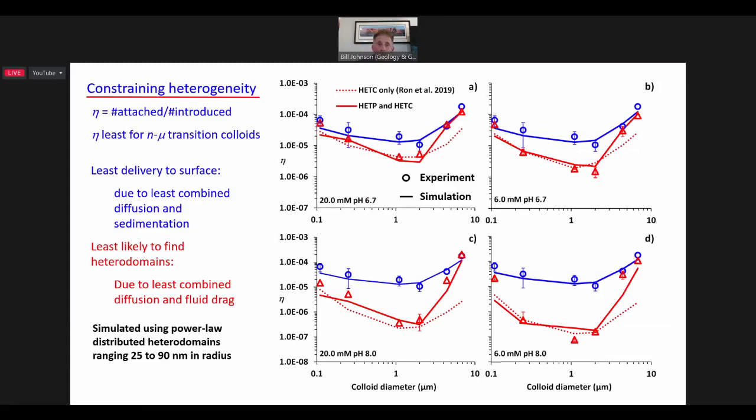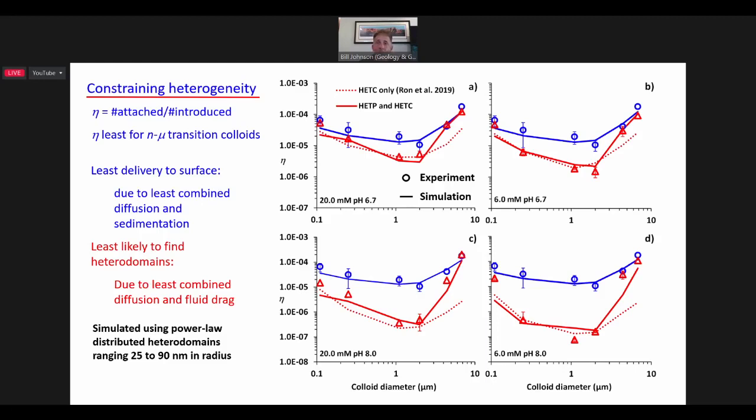What we do is run arrays of experiments of different colloid sizes, as shown in the x-axis of these plots, different pHs, 6.7 in the top row, 8 in the bottom row, and different ionic strengths, 20 millimolar on the left, 6 millimolar on the right. With all that data, we can then try to back out the heterodomain size range on the collector and the colloid that explain all these experiments.